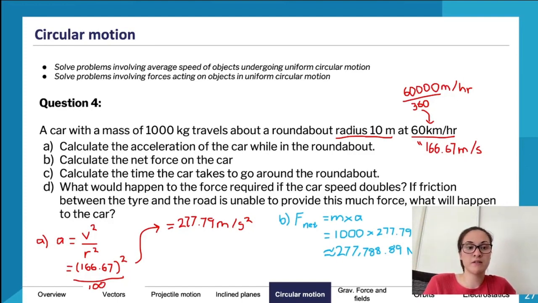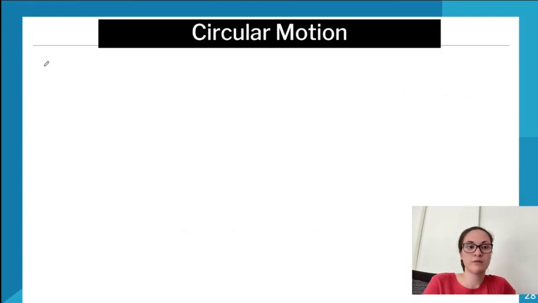Now we're going to go on to c. Calculate the time the car takes to go around the roundabout. So put c over here. Now we're going to calculate time.